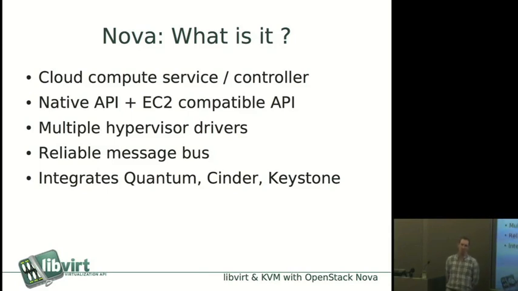Most of the Nova communication internally takes place over a reliable message bus. You've got a choice of message bus implementations here, AMQP, RabbitMQ. I think there was one added for 0MQ. Oh, sorry, no, I should say RabbitMQ and Qpid.